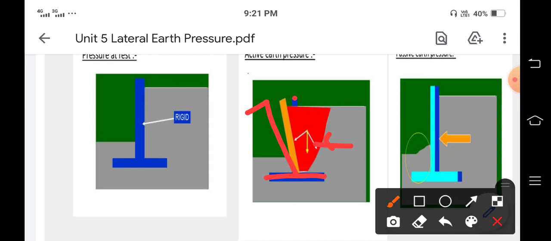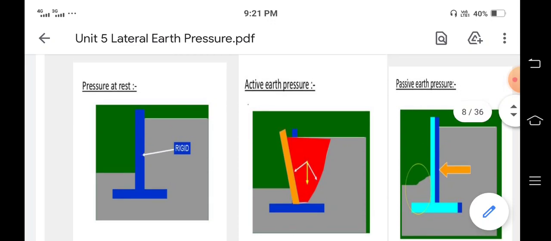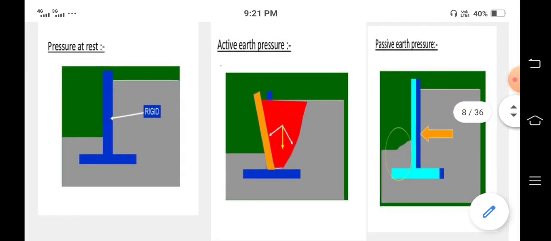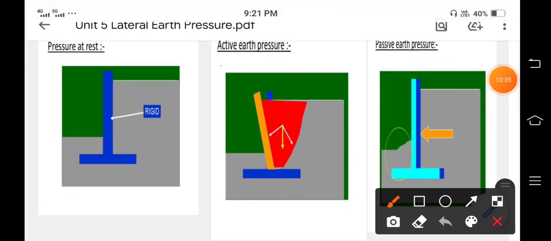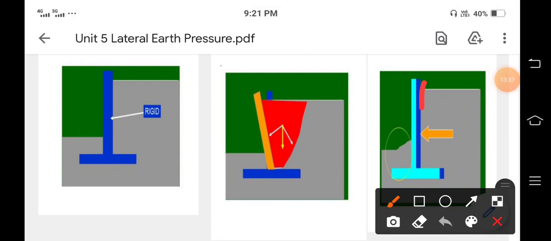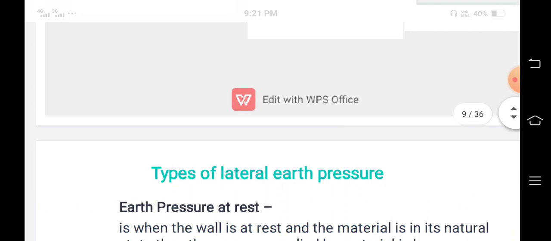And in the passive case, what will happen? This is the original position of the wall, and the wall may get tilted in this direction, which is called passive earth pressure.